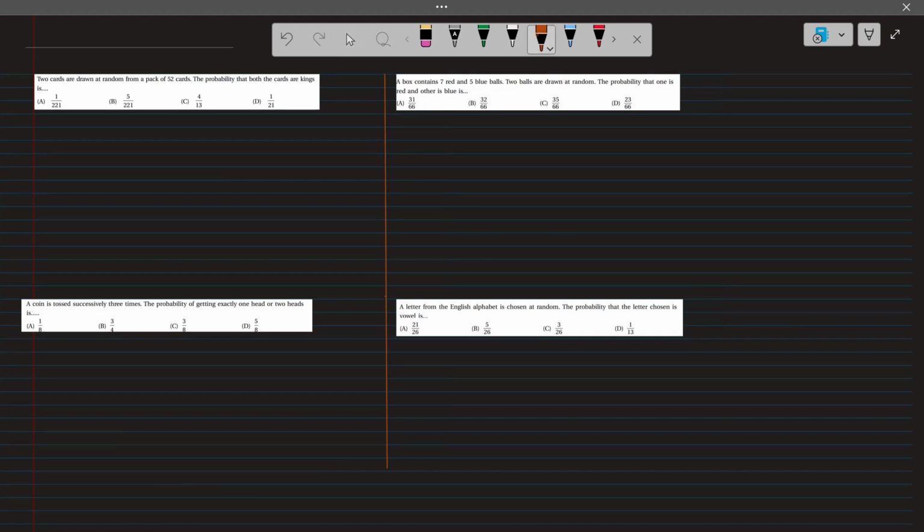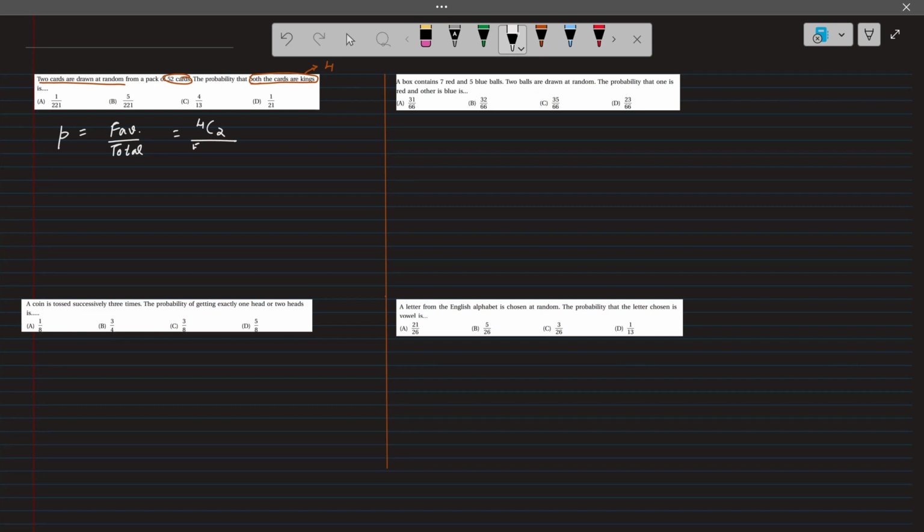Two cards are drawn at random from a pack of 52 cards. Probability that both the cards are king. Total kings available are 4. Probability is just the ratio of favorable outcomes upon total outcomes. Since we have 4 kings, out of which 2 can be selected in 4C2 ways.